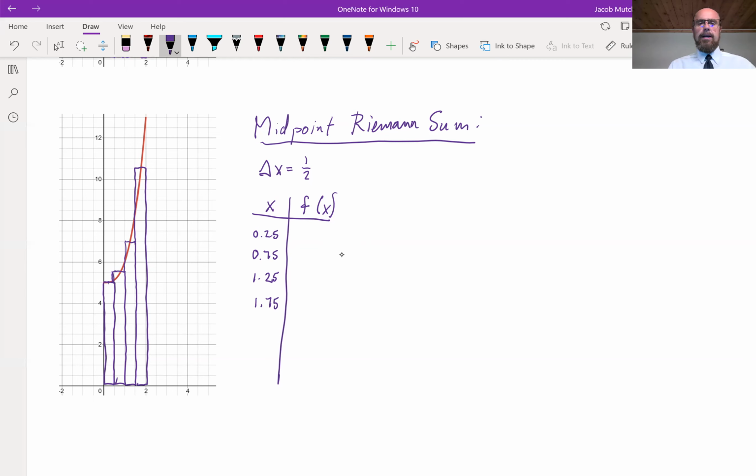And for these, let's calculate the values. I just want to place these in our function. I know I've got to cube the x value and add 5. We'll start off with 0.25 cubed and then add 5. That's going to be 5.0156. We'll do the same with 0.75, so let's cube it.